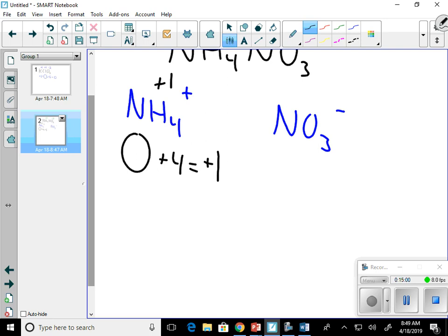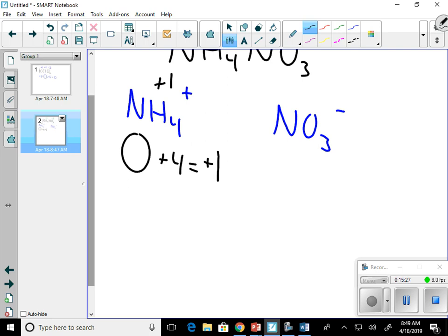So if we are trying to solve for something that isn't neutral, it's going to equal its charge. That's why, even though NH4 is not an ionic compound, it's two nonmetals covalently bonded together, we can still kind of think of this as charges balancing out. They're either going to balance to be neutral because the thing is neutral, or they're going to balance out to the charge of the polyatomic ion.